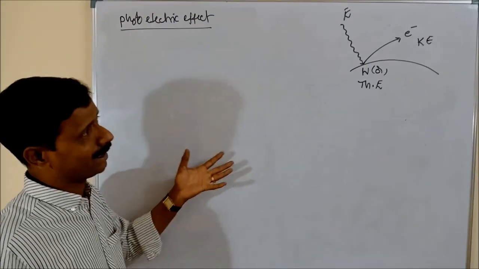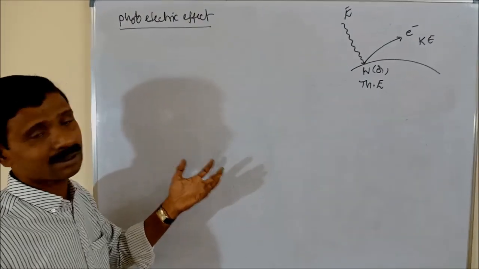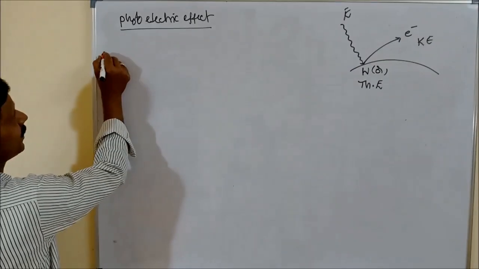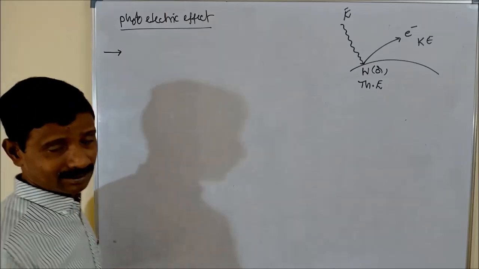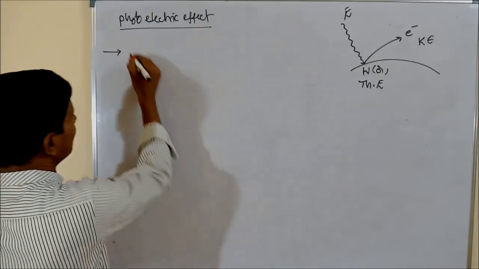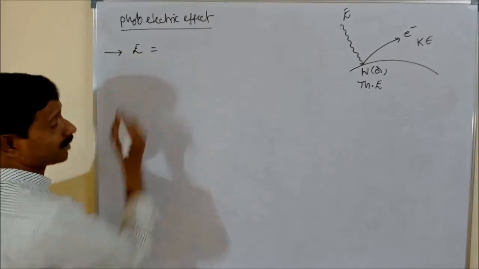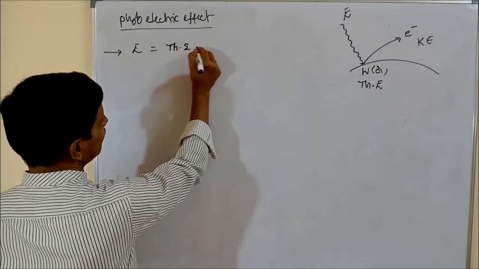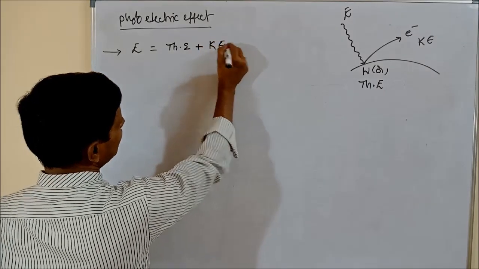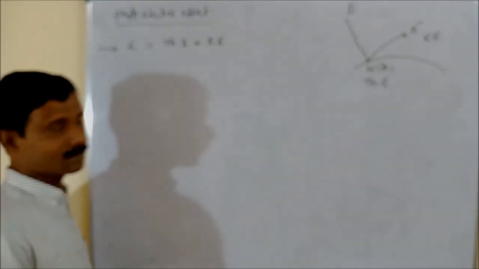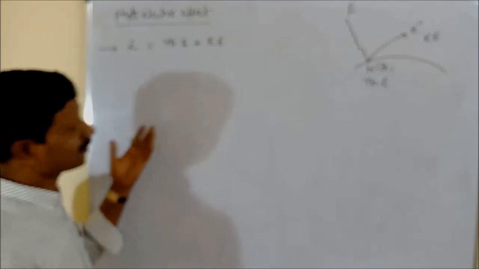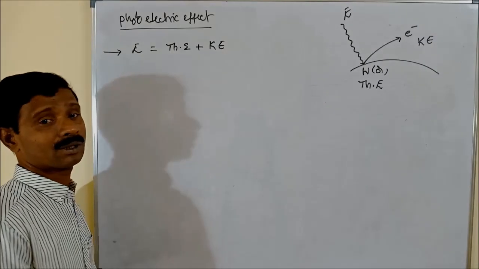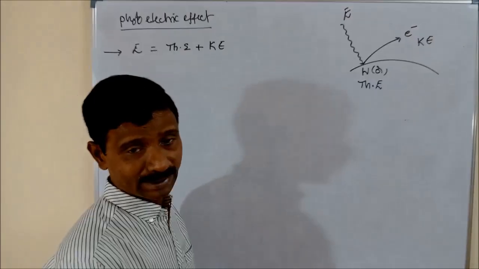So in that diagram there is complete information regarding the photoelectric effect, and as per that, the mathematical representation is: the total energy E is nothing but the sum of the work function or threshold energy plus the kinetic energy of the ejected electron. That expression represents the magnitude of total energy utilized for the photoelectric effect.